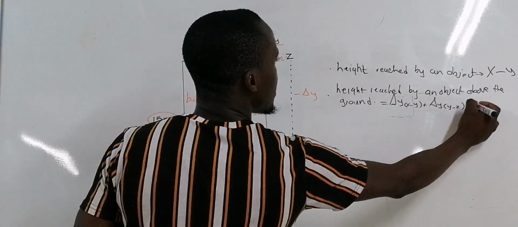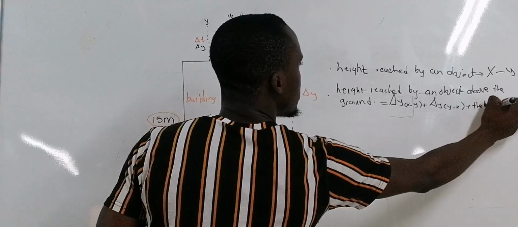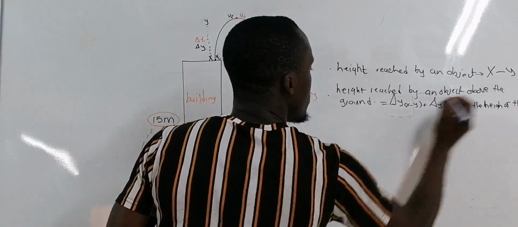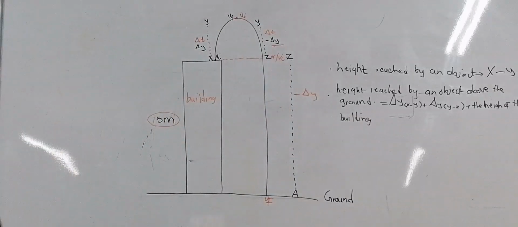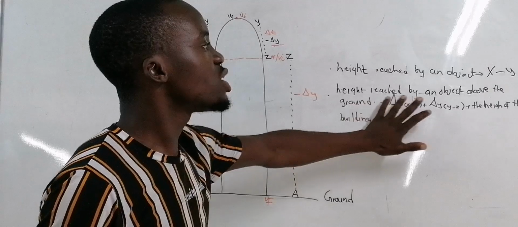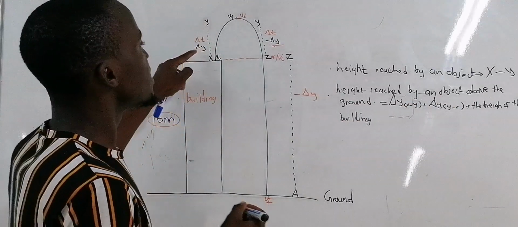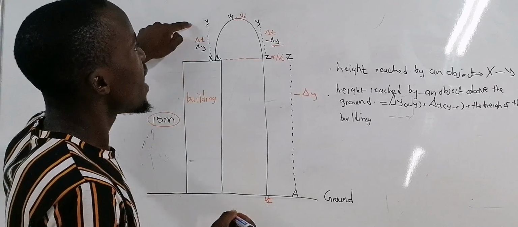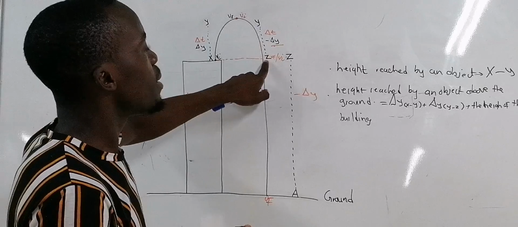But you must add the height of the building. You must add the height of the building. Meaning that if they ask you to calculate the height reached by an object above the ground, this is what you must do. You add the height that the object reached to the ground and the height that the object left from the maximum height to the point of projection.